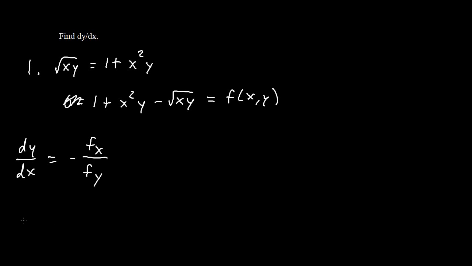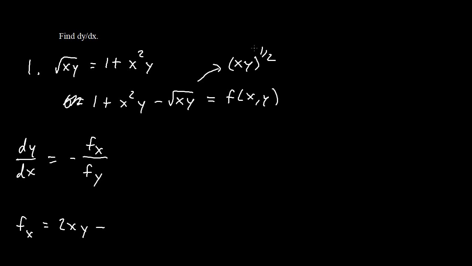So once again, how can we find f sub x? Well, f sub x is the partial derivative of the function with respect to x. So x is the variable, everything else is a constant. So the derivative of 1 is 0. The derivative of x squared is 2x, so we get 2xy. And then minus, now I can rewrite this as x times y to the 1/2 power.